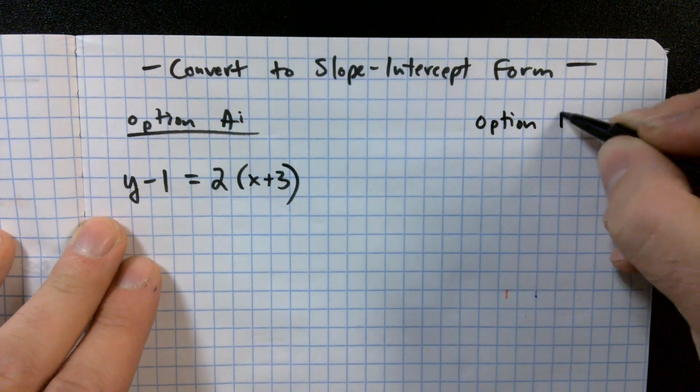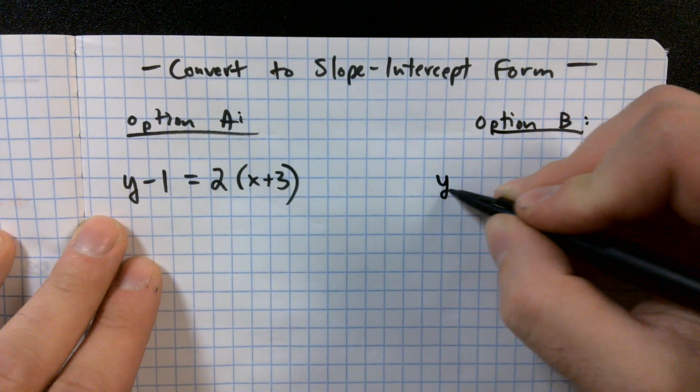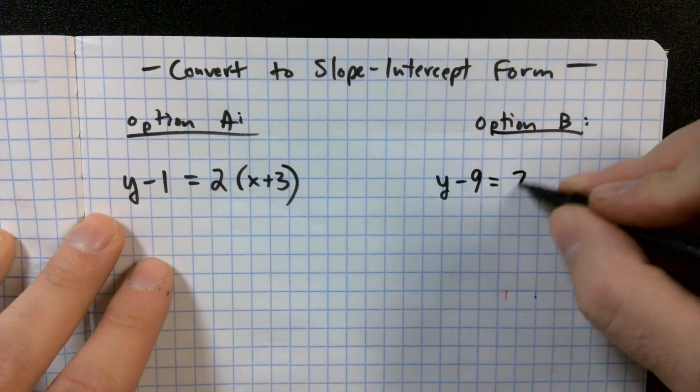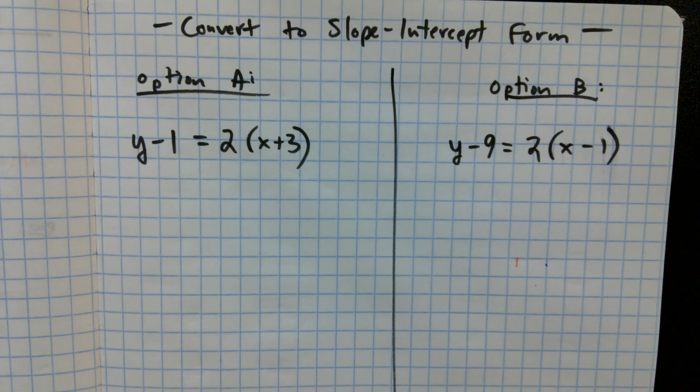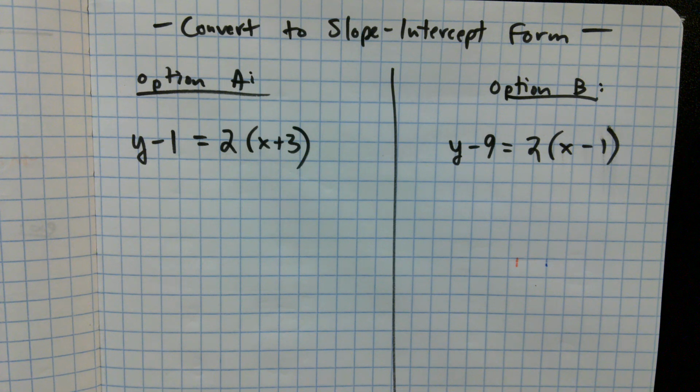And then after that, I'm going to take option B: y minus 9 equals 2 times x minus 1. Take a moment and set that up.